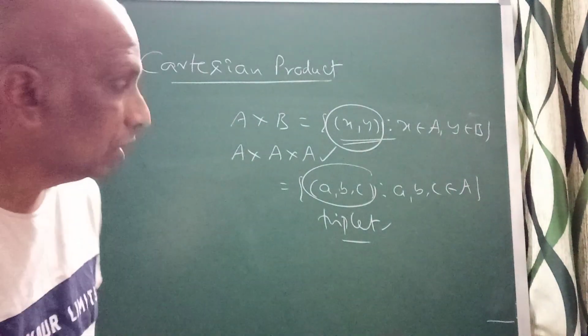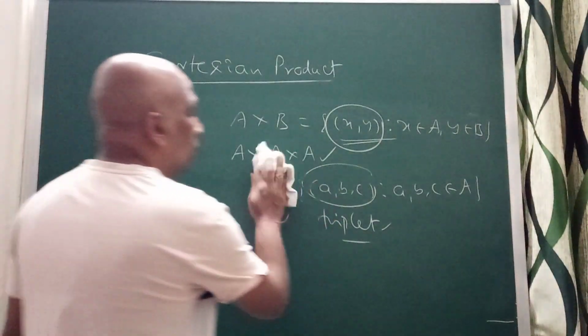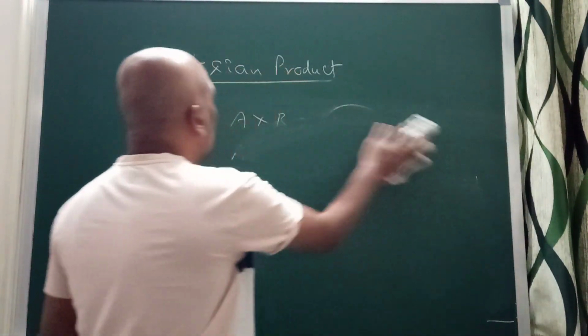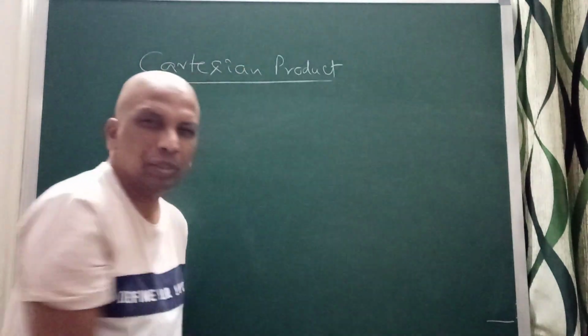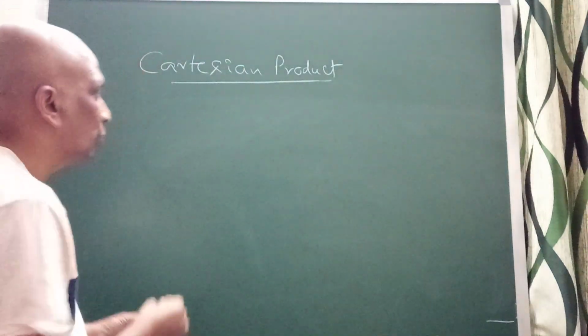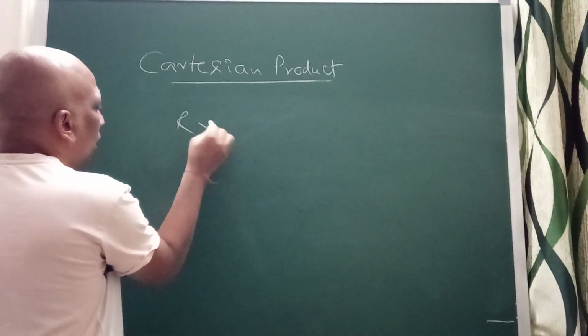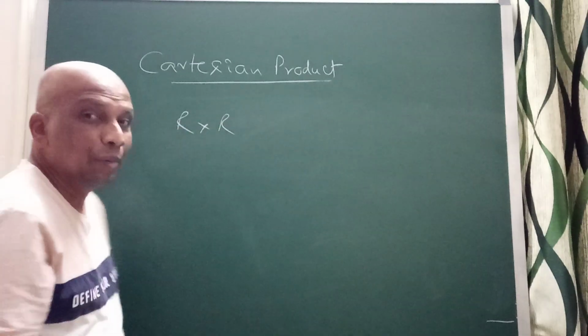Let me explain the meaning of two-dimensional space. When you are talking about two-dimensional space, you can see R cross R, where R is the set of real numbers.